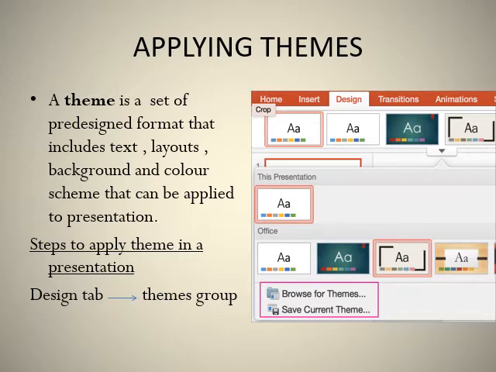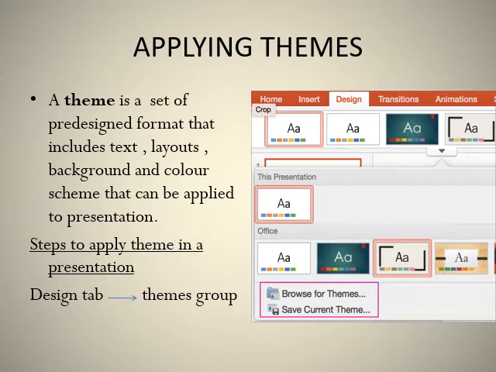So how will we set this theme in a presentation? First we will go to the Design tab, then to the Themes group. In the Themes group we will see this box come up. Then we will select the desired theme, and the theme will be applied to our presentation.